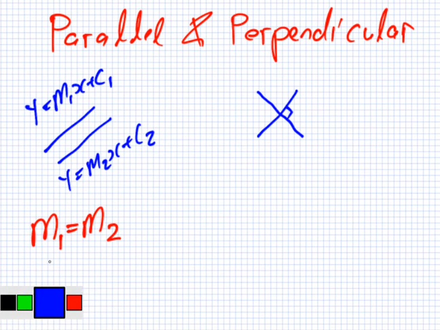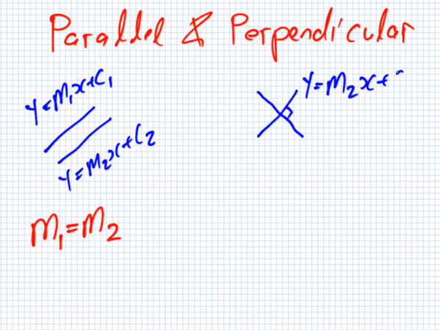Okay. So let's say this one here is y equals m1x plus c1, and let's say this one, a different colour, is y equals m2x plus c2. When they're parallel, as you said, their gradients are the same.